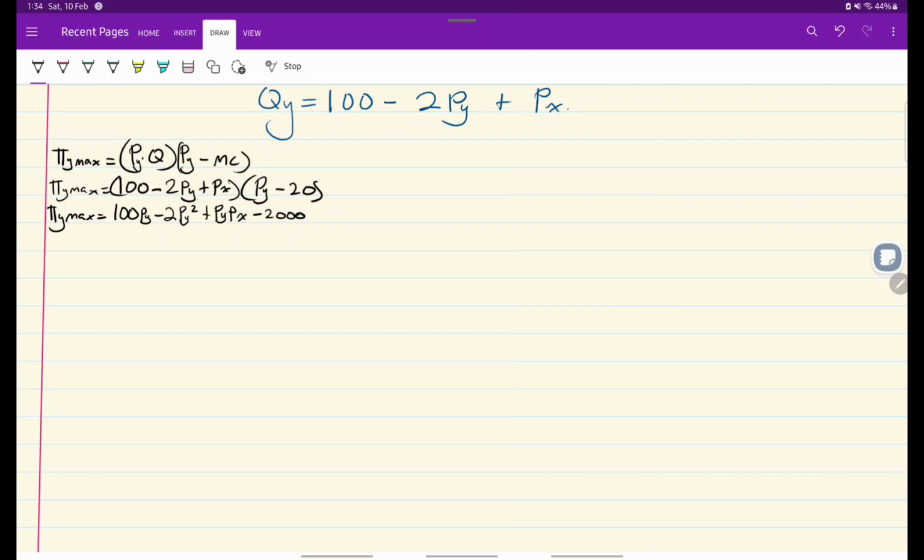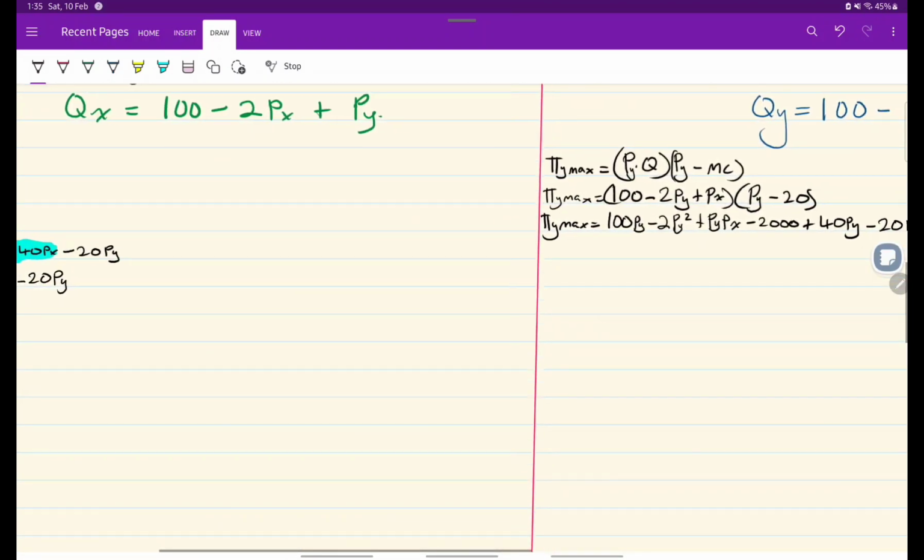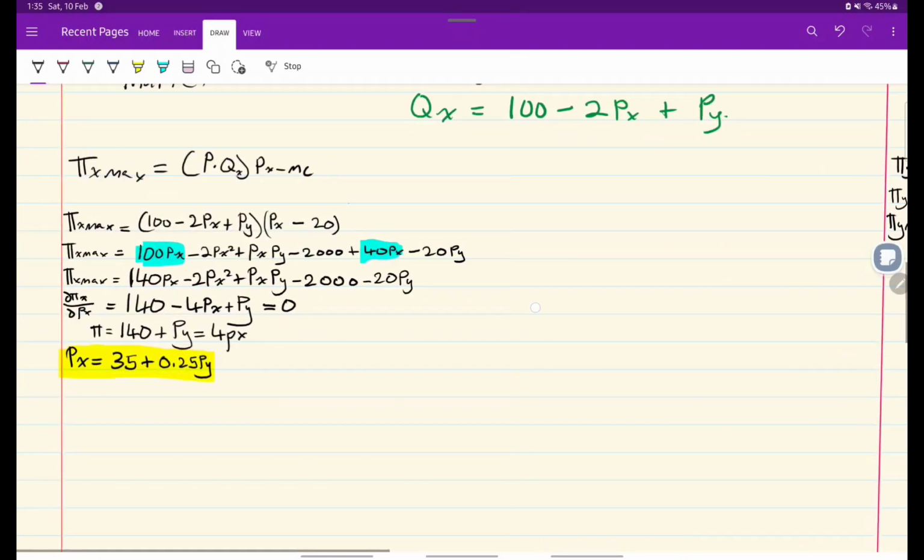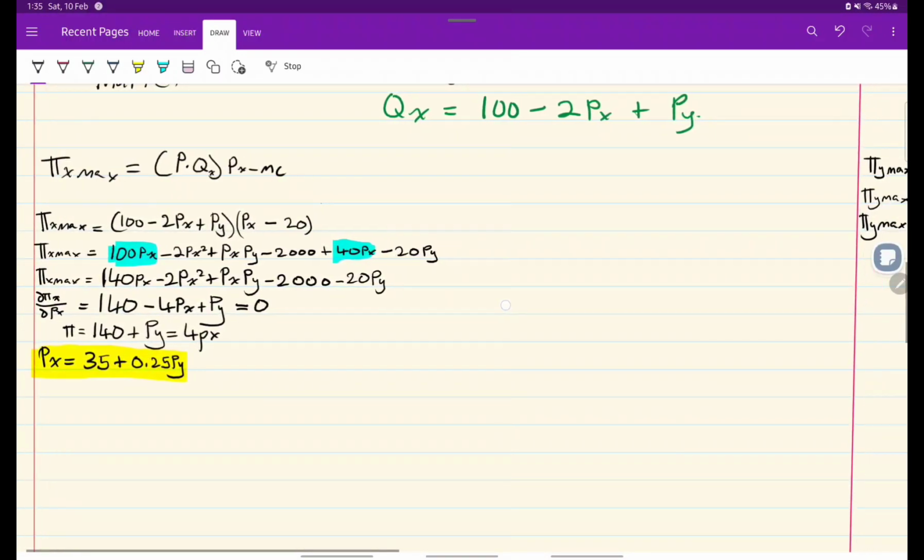I could just copy and paste, but I'll show you the workings. 2000, negative 2Py into a negative is positive 40Py, and Px into negative 20 is negative 20Px. Should be on the same line. It is not. Okay, that's okay.